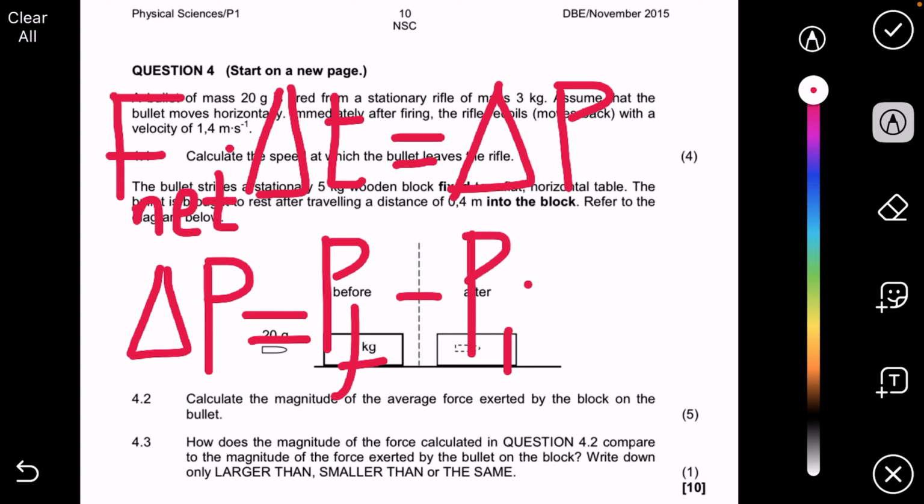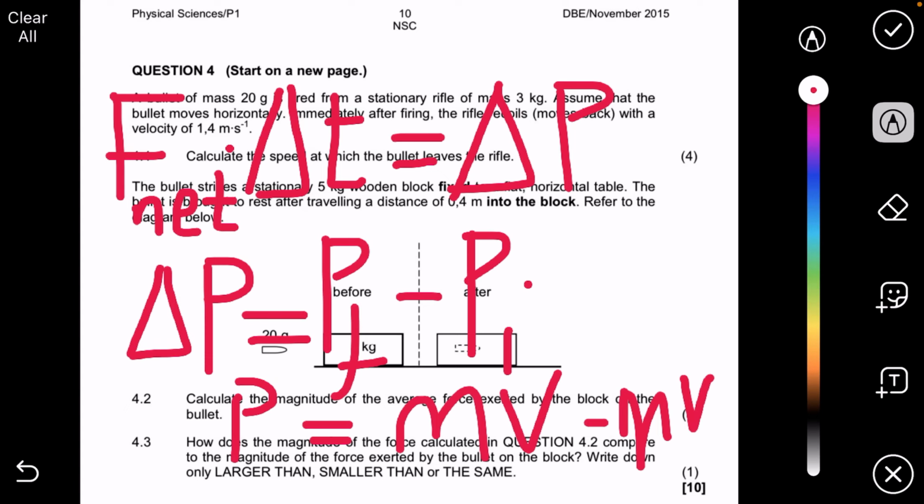Obviously we know momentum is m, which is the mass, times v, so that means this is mv final minus mv initial. Let me just indicate that there is a final. Massively important, ladies and gentlemen.